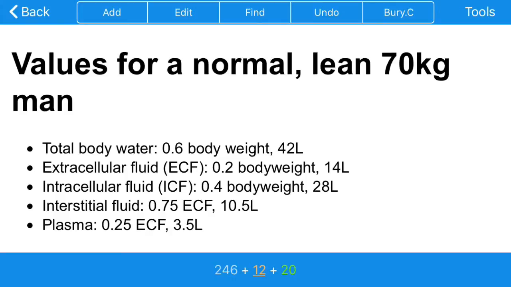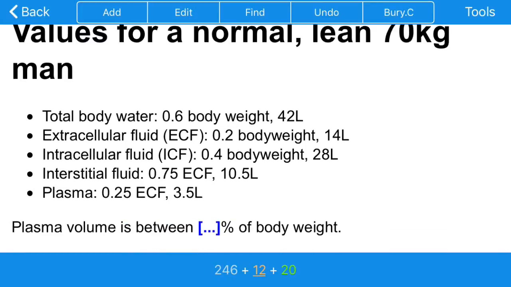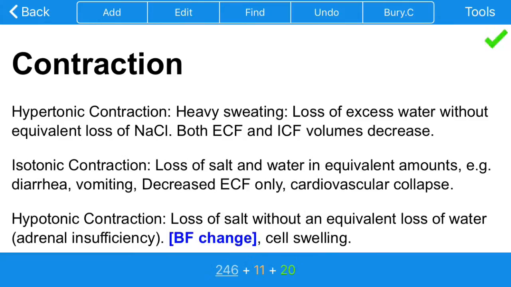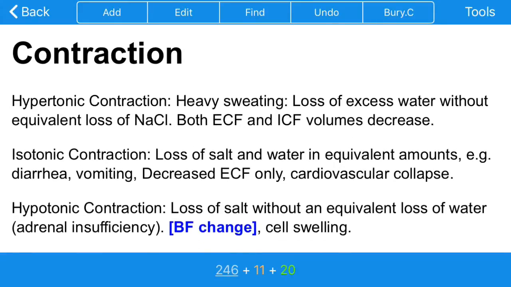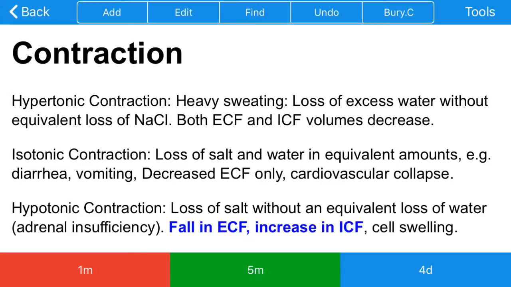Values for a normal lean, 70 kilogram man. 4 and 5%. Hypotonic. Shifts and osmolarity changes in the cells.